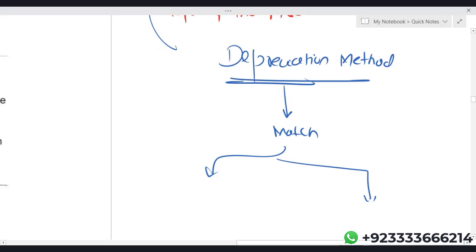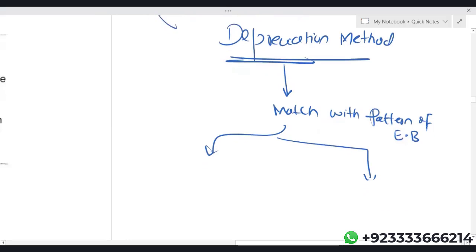Now the question is, what do you mean by pattern of economic benefits? Now listen, the depreciation method should match with the pattern of economic benefits.